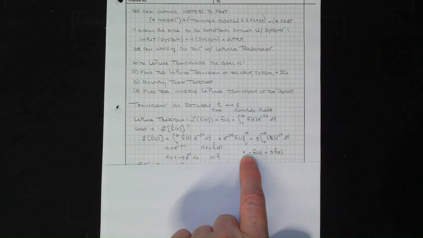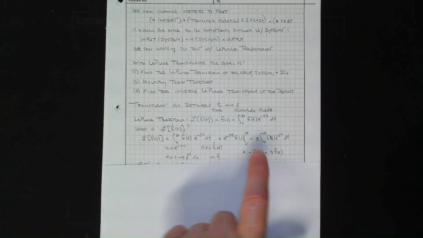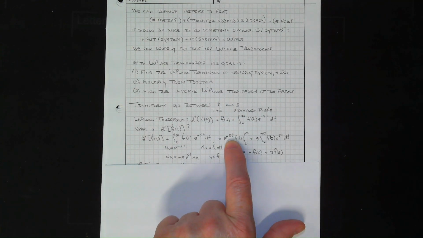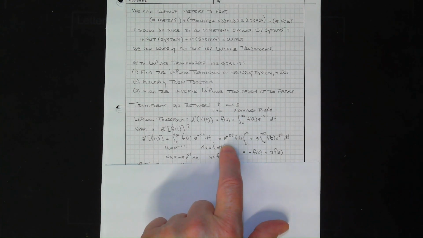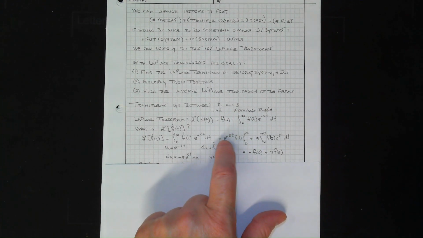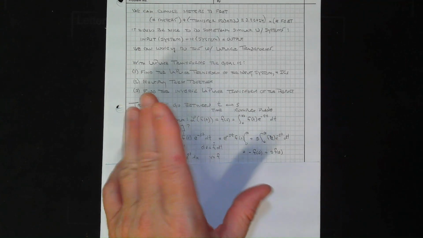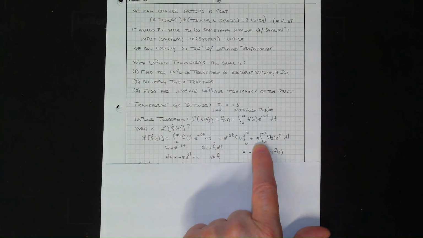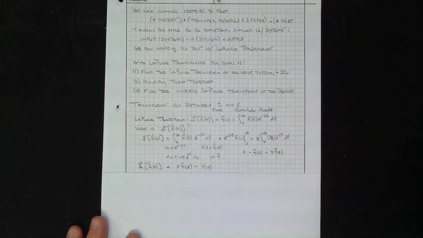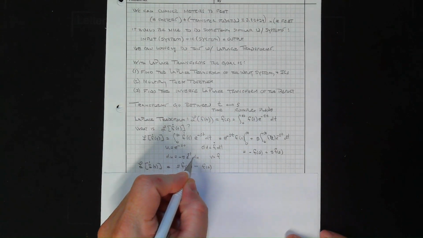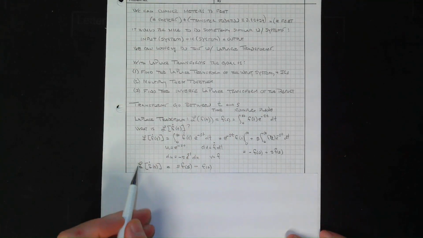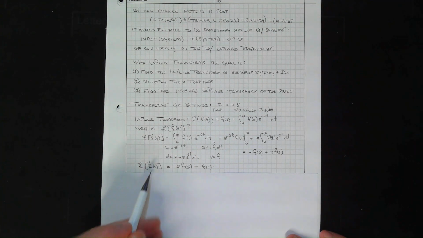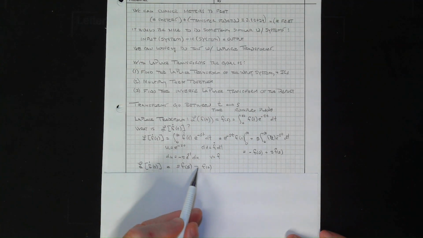It works out that this is minus f(0), because we always presume that as t goes to infinity, it dominates the s, so the term e^(-infinity s) goes to 0. And then here we have sF(s). I'll leave you to check this on your own time, and you hopefully have seen this in the math class already. So the Laplace transform of f dot of t equals sF(s) minus f(0).